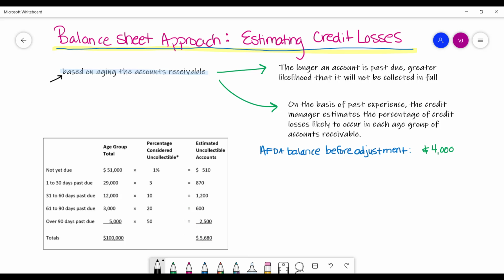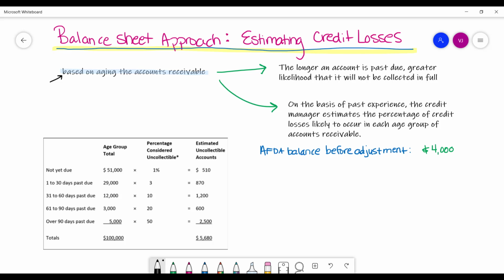So we have to age our accounts receivable based on how old each portion of the balance is and how much management expects we won't collect on each portion of it. Essentially, the longer that a specific account is past due, the greater the likelihood that it will not be collected in full.